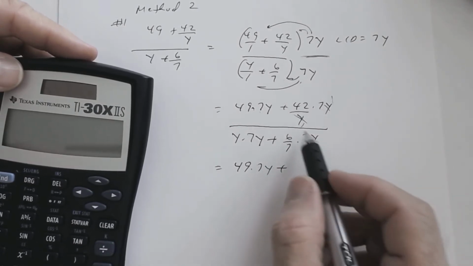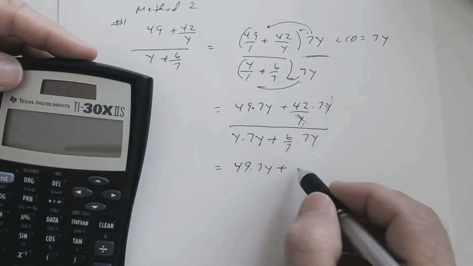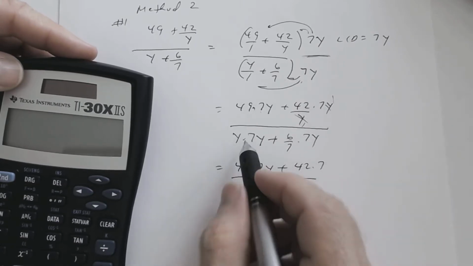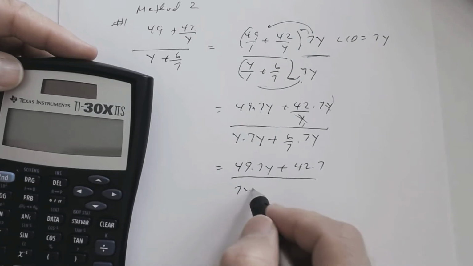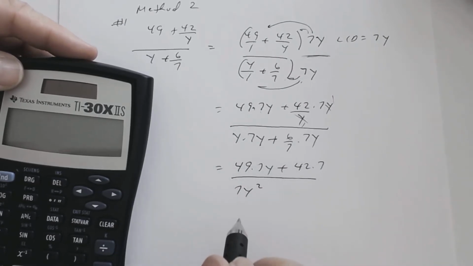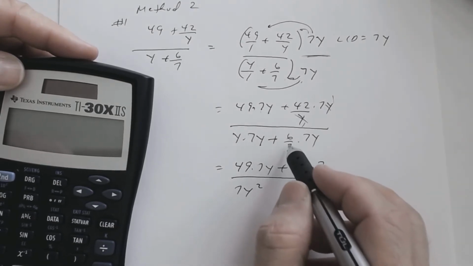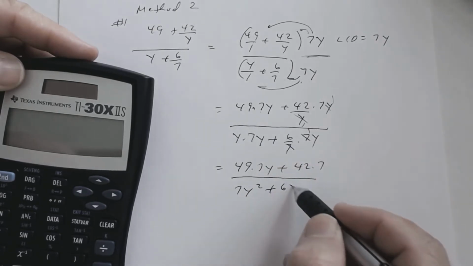So that's the whole point of multiplying by the LCD, is to get these factors of y out of the denominator. So that's 42 times 7 divided by, and then here I'm just going to say 7y squared. So I don't want to multiply this out yet because I see a 7 and I see a 7 here. So I want to see what's going to happen at that point. Here I can divide out the 7's, and so you get plus 6y, right?